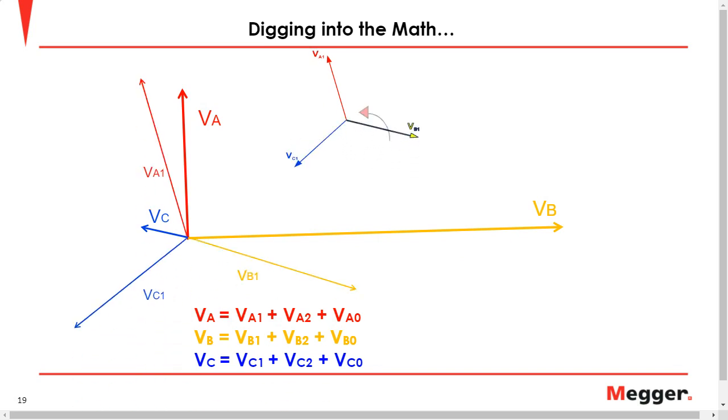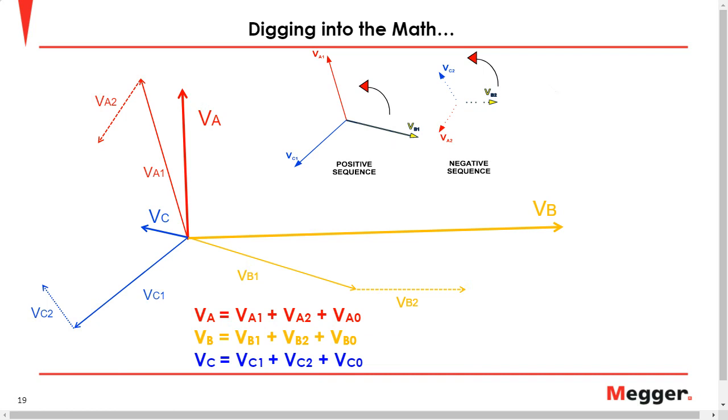These are real-time quantities that the relay sees. However, we have 3 equations and we have 9 unknowns.